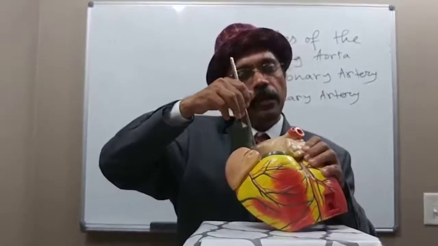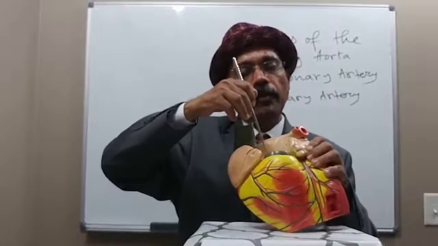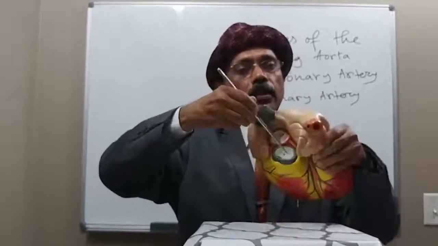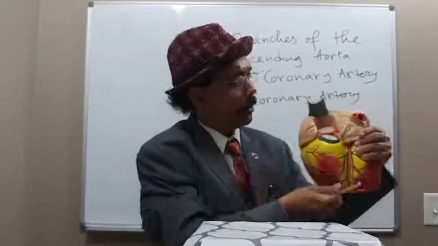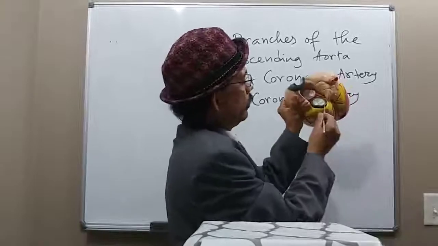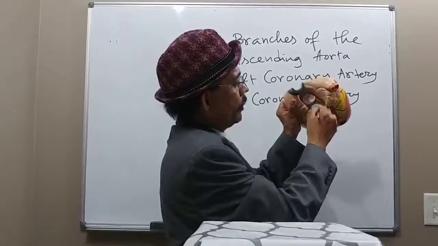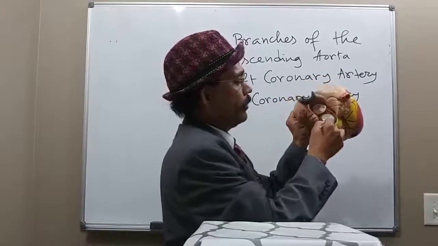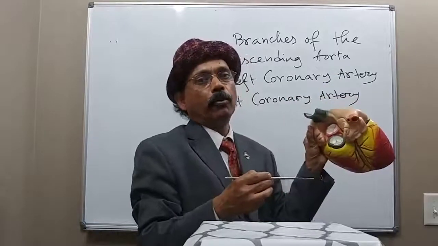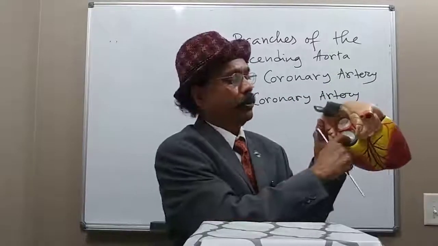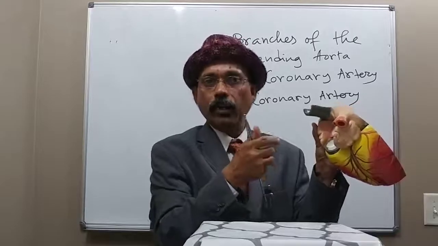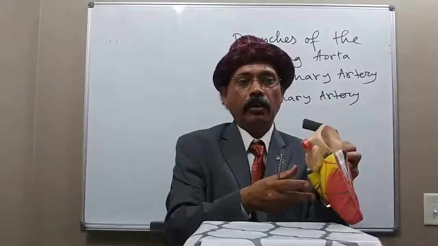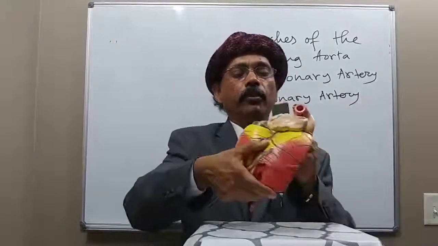This is the aortic semilunar valve. This is the pulmonary semilunar valve. They also have three cusps, but we call them semilunar valves because the valve looks semi-lune, or part moon, in shape.